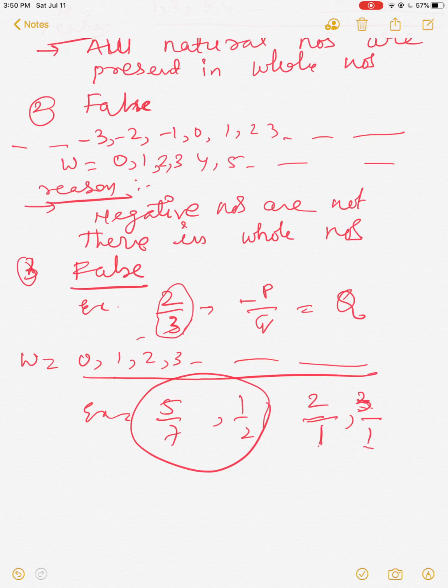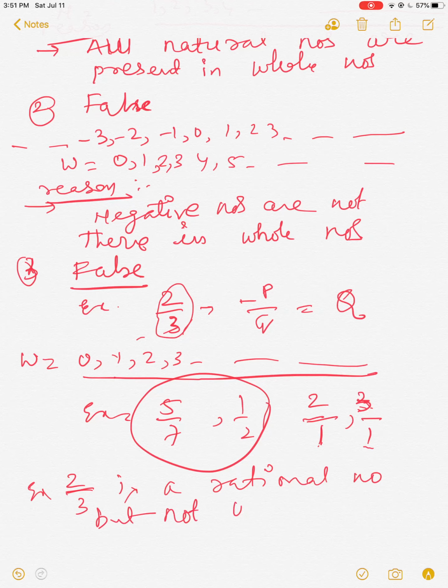That is why whole numbers are rational numbers, but here the fractions cannot be whole numbers. The statement asked is every rational number is a whole number. No, it cannot be. Example: 2/3 is a rational number but not a whole number. Okay, with this we have completed exercise number 1.